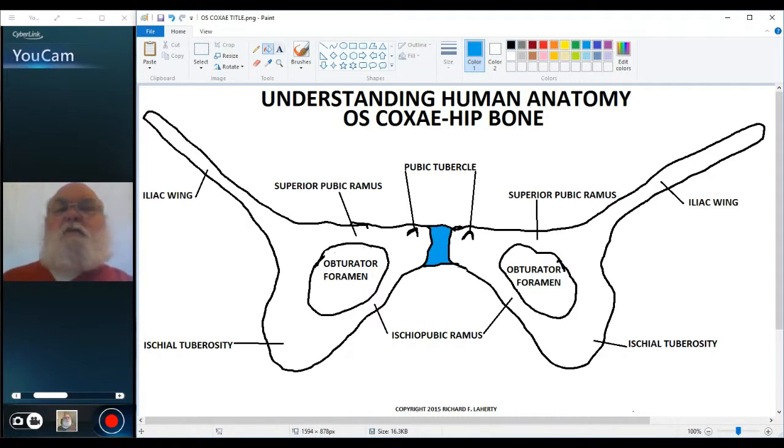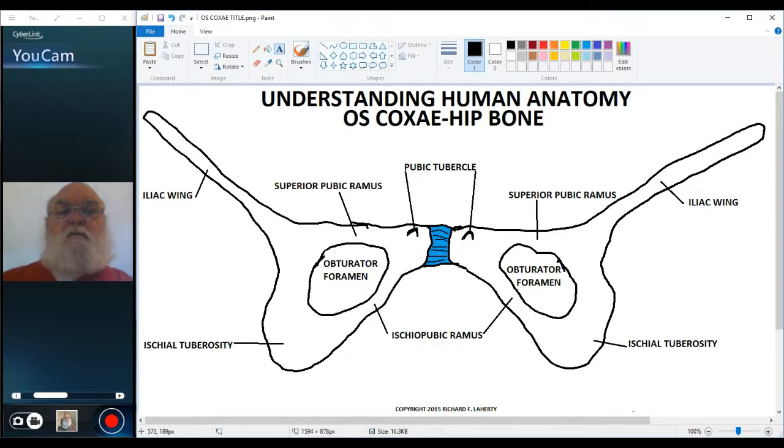And the symphysis pubis is a fibrocartilaginous joint that links the two pubic bones across the midline. And I want to draw some lines into it to indicate that it is a very fibrous joint. As I said, it's fibrocartilage.